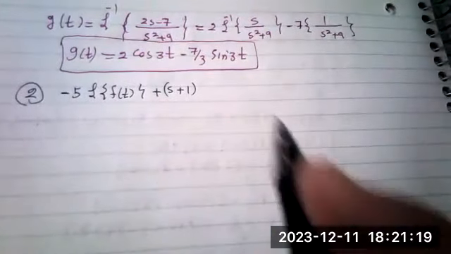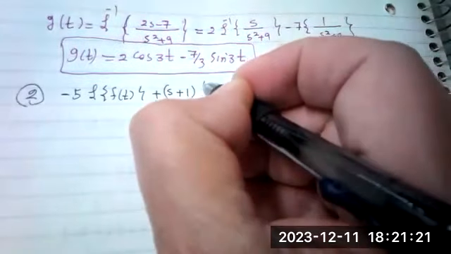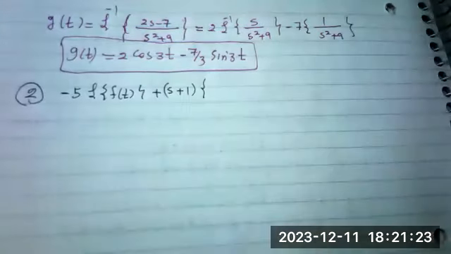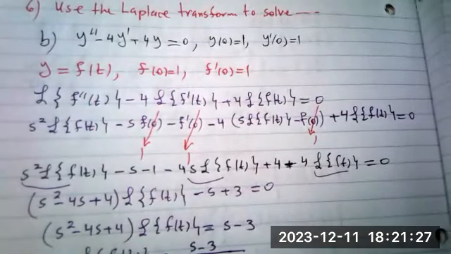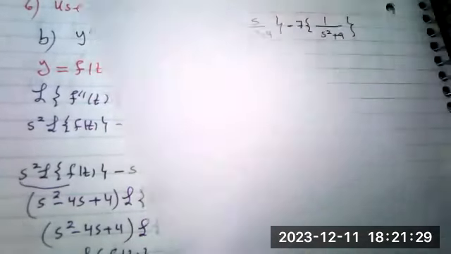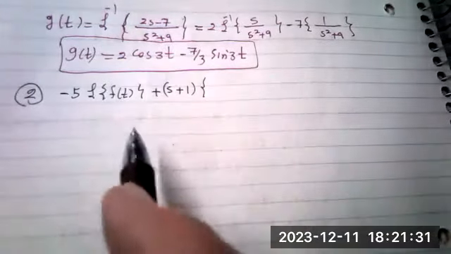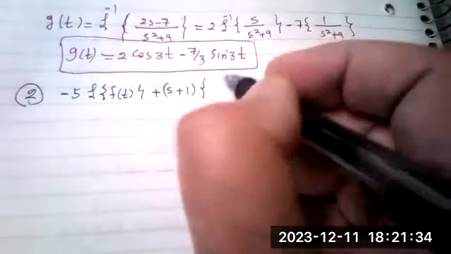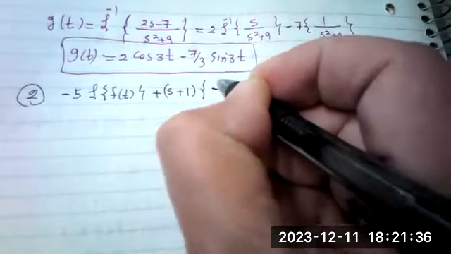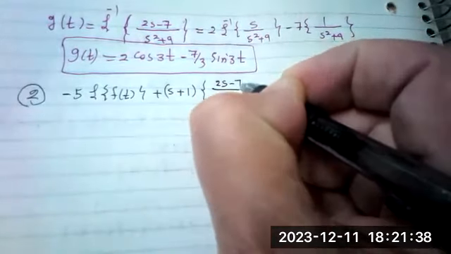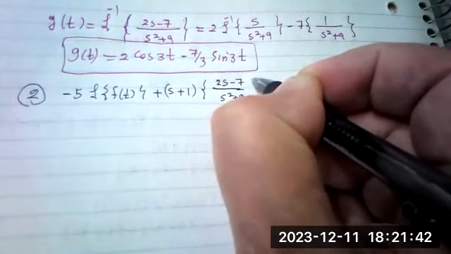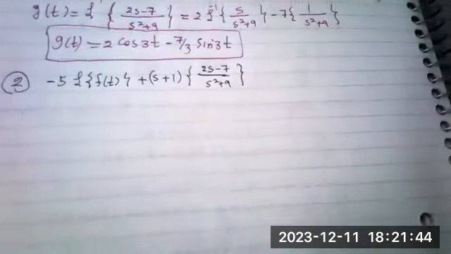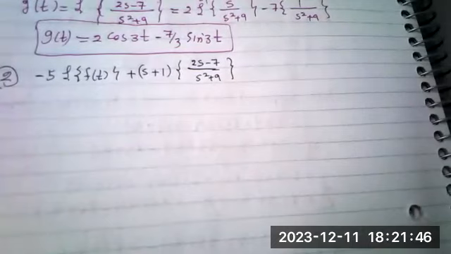Now you've got the g of t, so we multiply it by g of t. That's -5 Laplace of f of t plus s plus 1 times the Laplace of g of t, which is 2s minus 7 over s squared plus 9. If you get anything on the top, that would be fine, we can take care of it as long as you don't change the denominator.